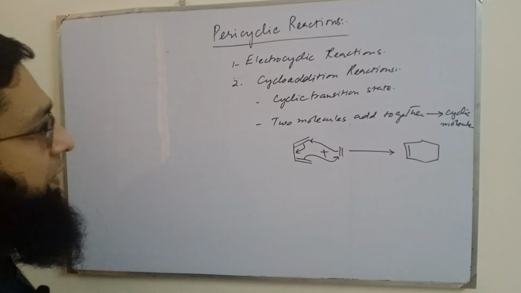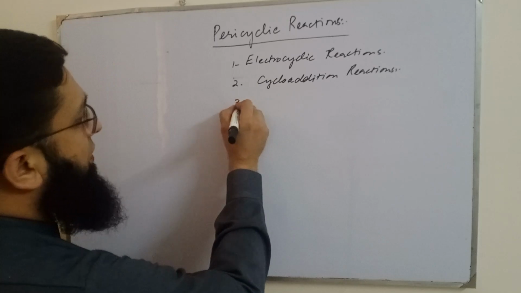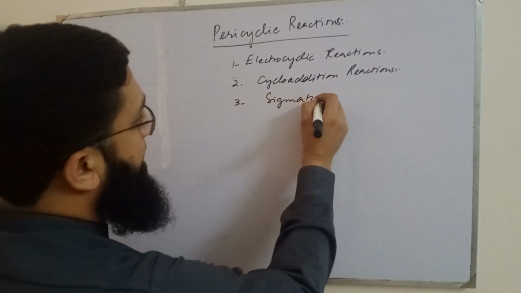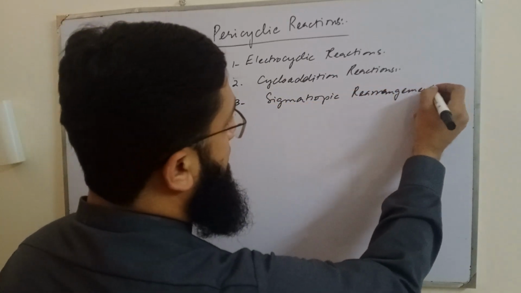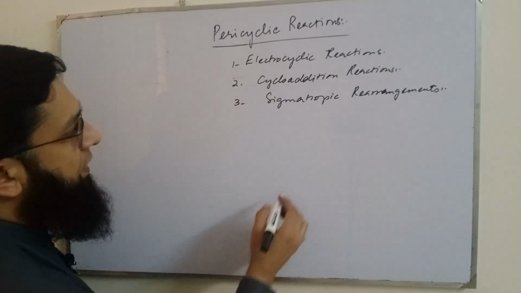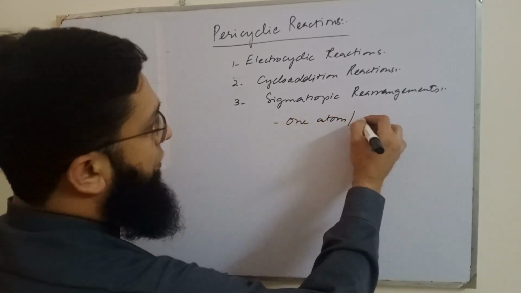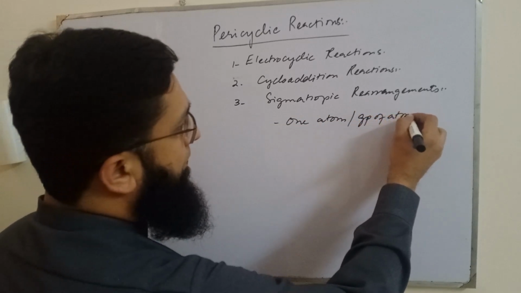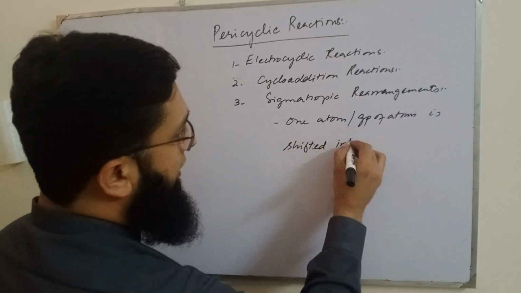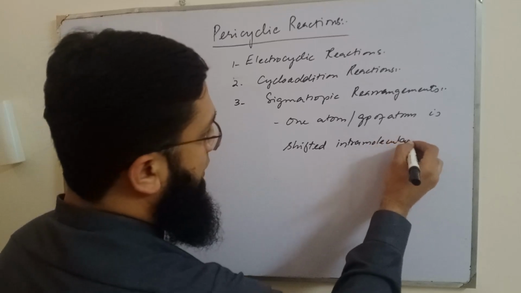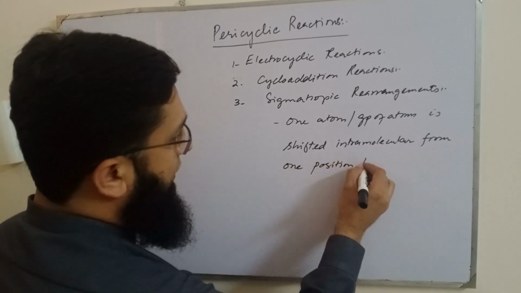And the third one is sigmatropic rearrangements. In sigmatropic rearrangements, one atom or group of atoms is shifted intramolecularly from one position to another.